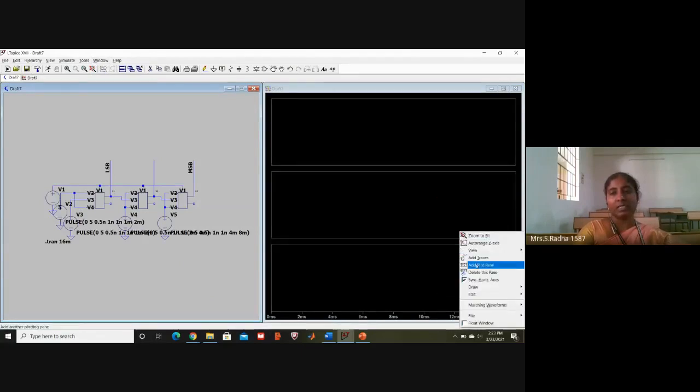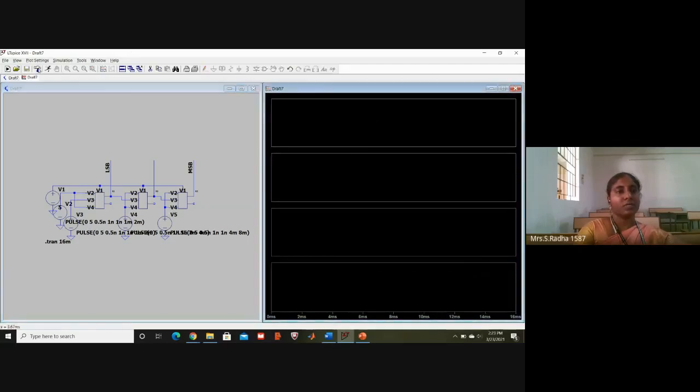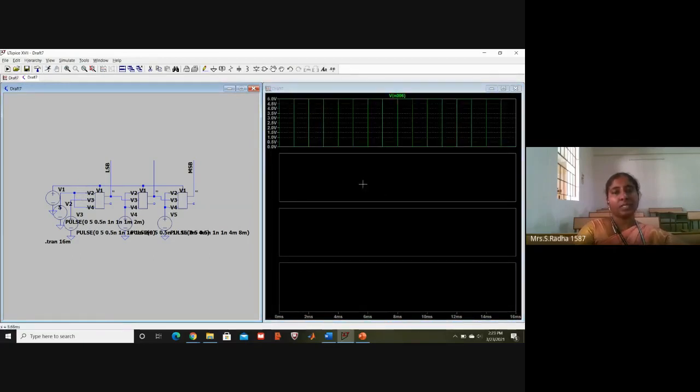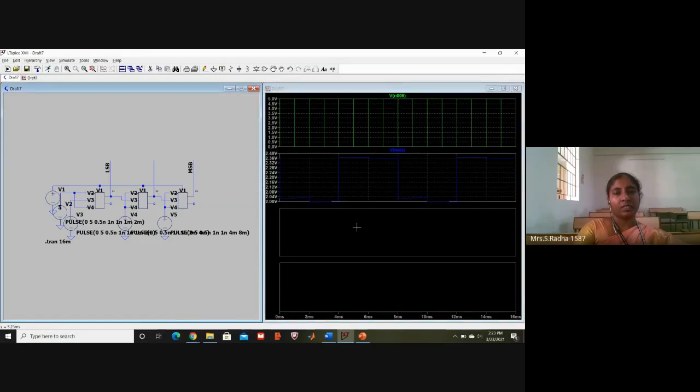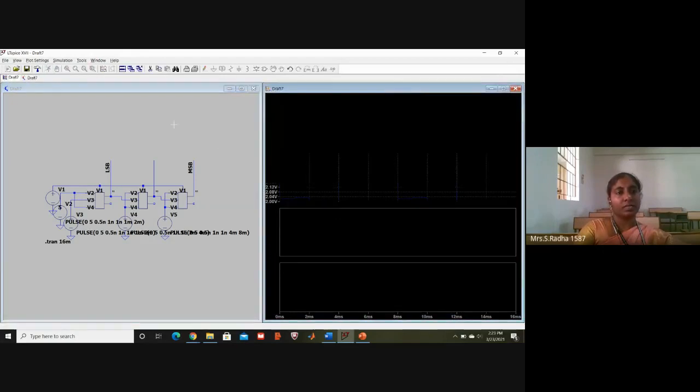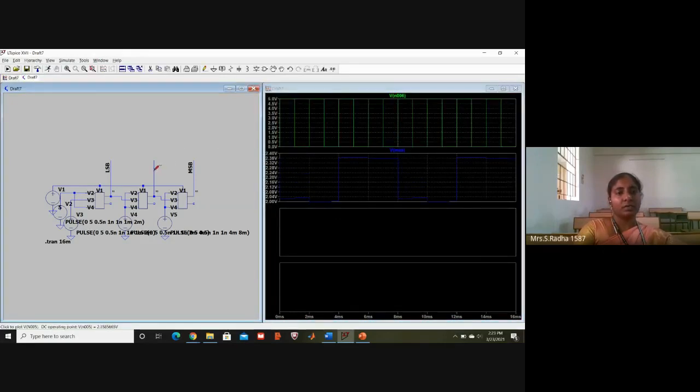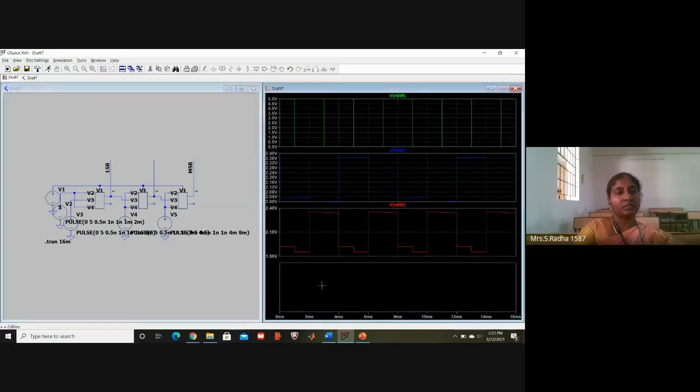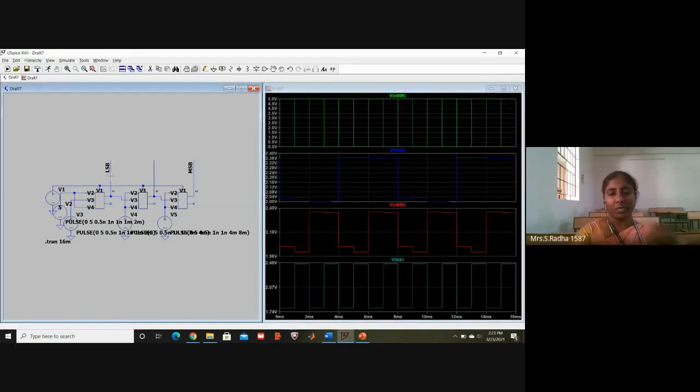First one, run button. The center one is the clock signal. Second one, run button. You give MSB. Then third one, run button. Then this output. Last one, run button. This is LSB.